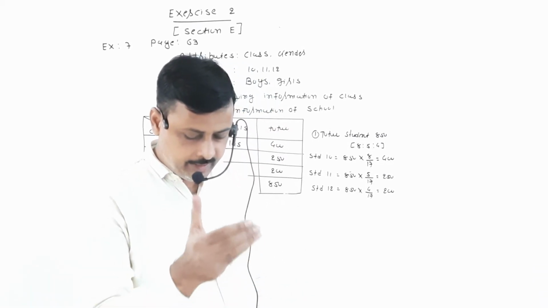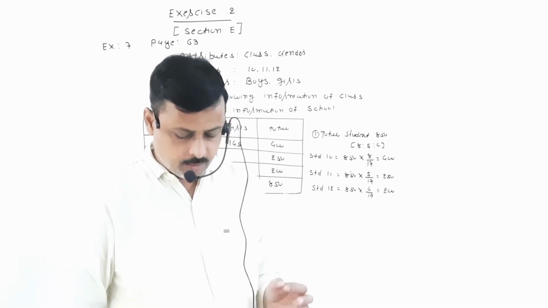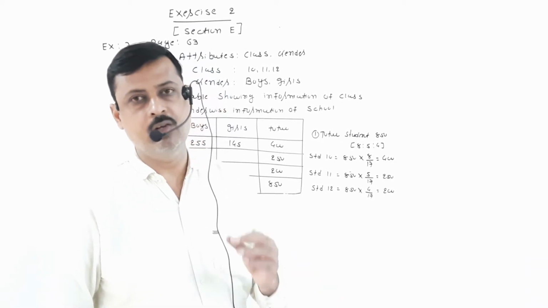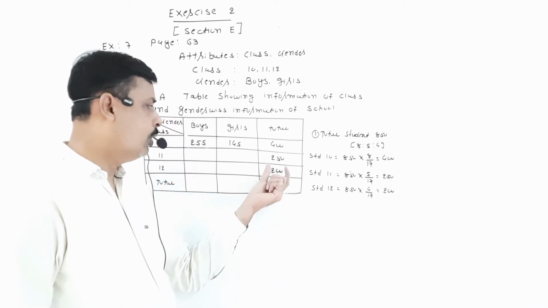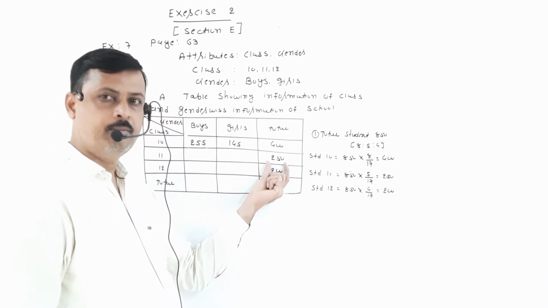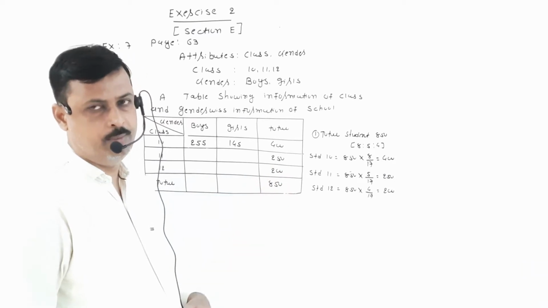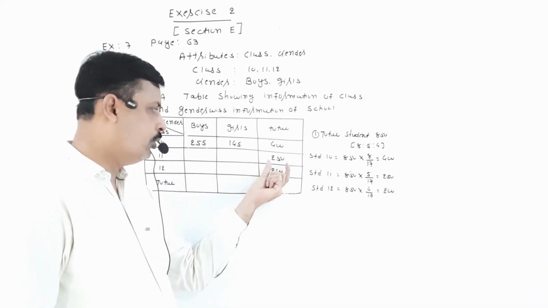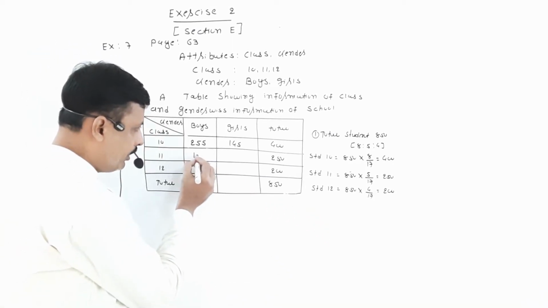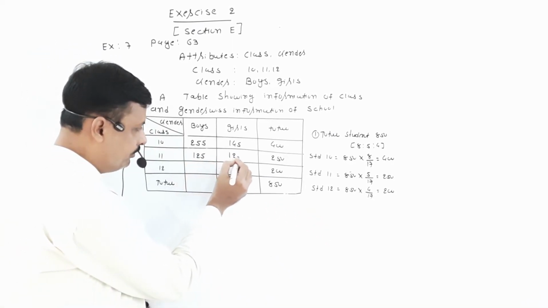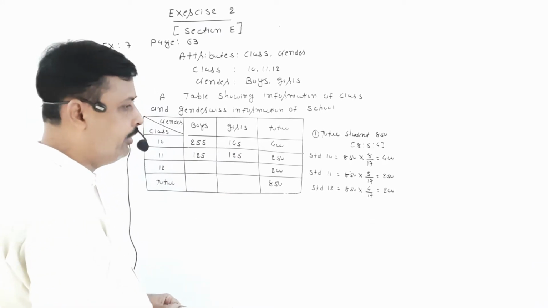In standard 11, the number of boys and girls are equal. Total students 250, and boys and girls are equal, means divided by 2. 250 divided by 2, that is 125.